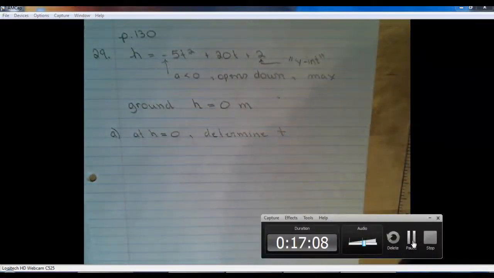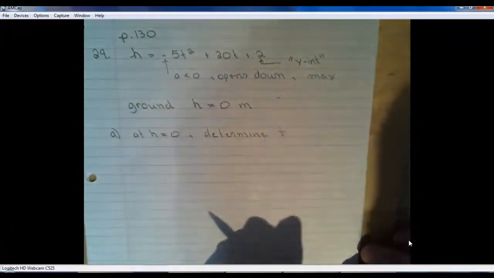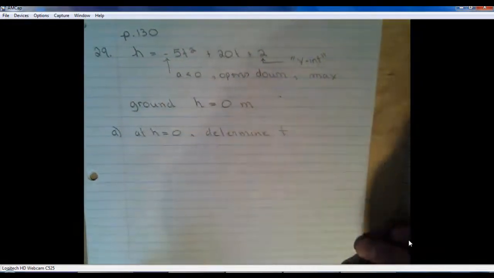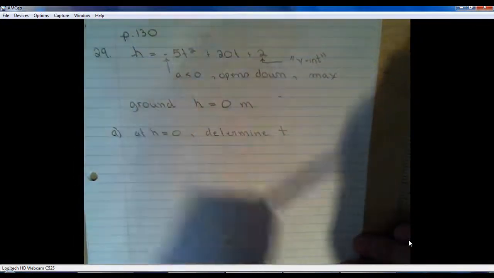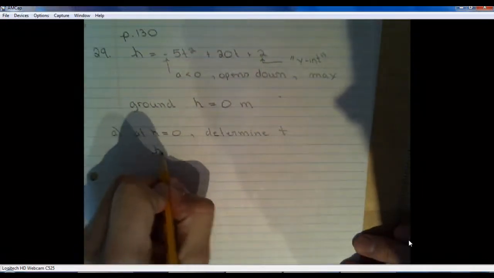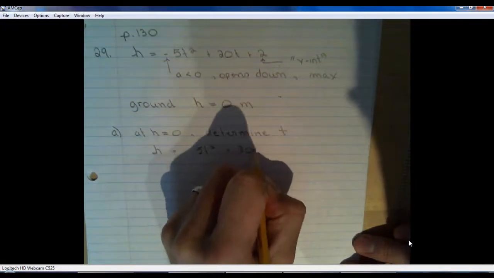Think about how we're going to do that for a sec. Hopefully you paused to reflect for a quick second there. So at h equals 0, we have to determine t. Well, what we need to do is use this quadratic they gave us, set h to 0, and solve for t. So let's do that. So h is equal to minus 5t squared plus 20t plus 2.